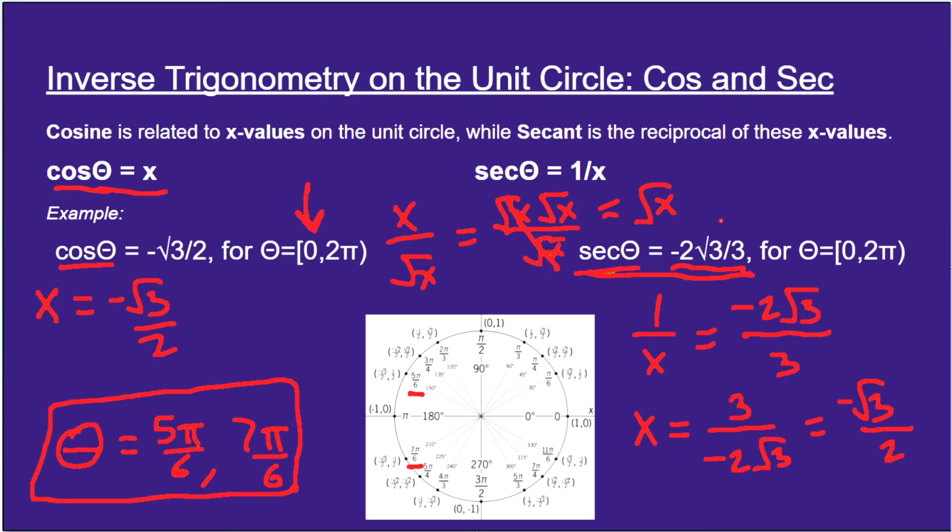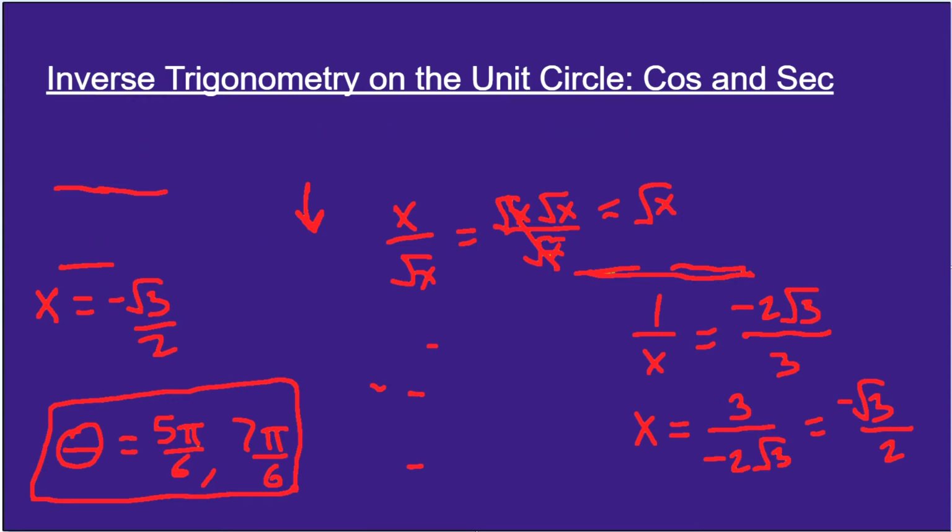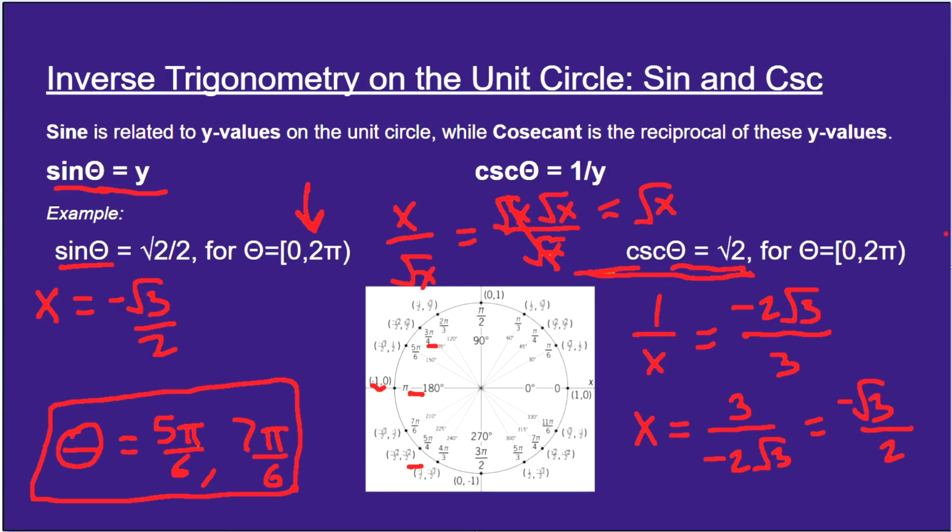If I have a square root of 3 here, then I have an idea that it's probably going to be one of the values where square root of 3 is present, right? Similarly, with my previous one, if I had square root of 2 in my reciprocal, it was pretty likely that it was going to have to do with the other guys that have square root of 2 in their answer.